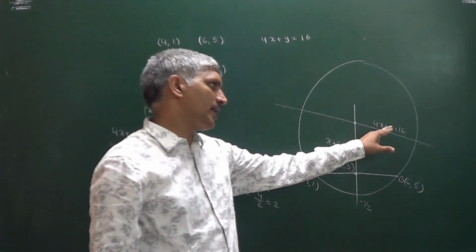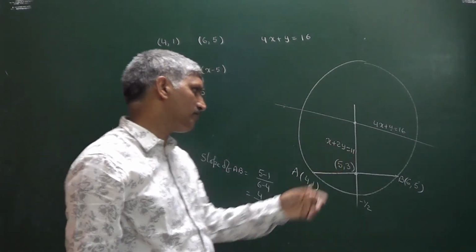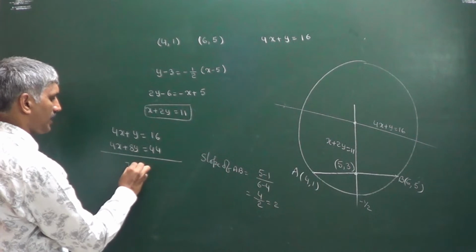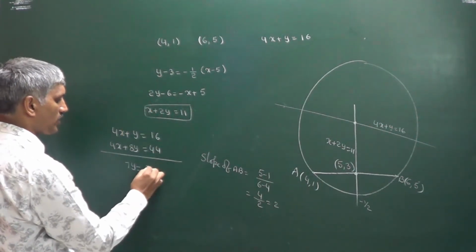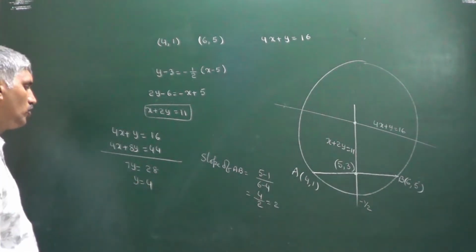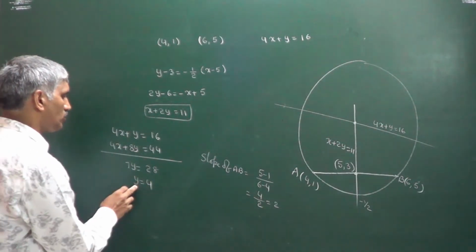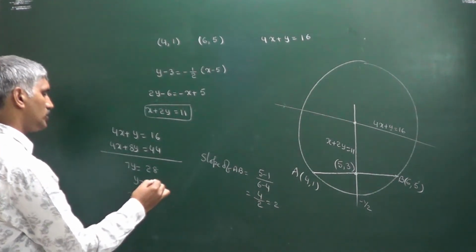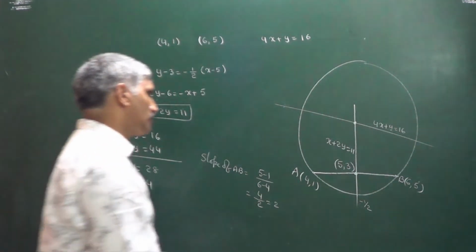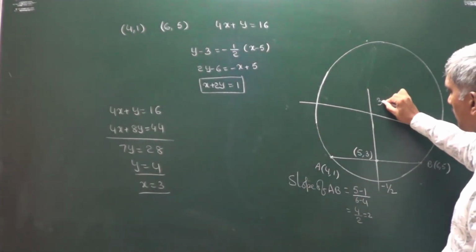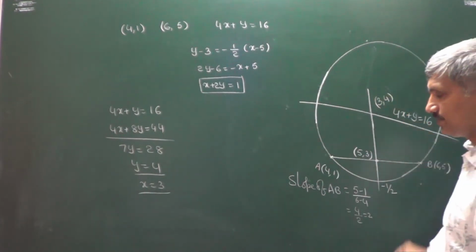The first equation is written as it is, and this one is multiplied with 4. Now subtract these two, you will get 7y is equals to 28. Therefore we got y is equals to 4, right? So y is equals to 4, substitute there, you will get x value is equal to 3. So here we got the center of the circle as 3, 4.